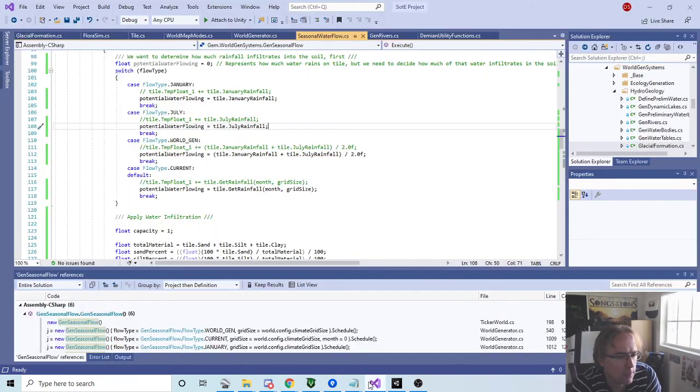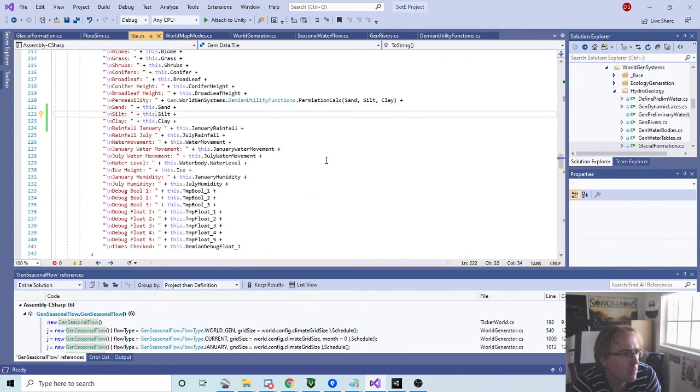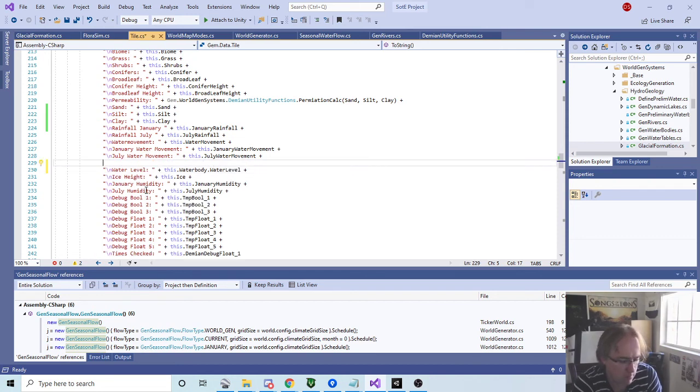What was I doing? I was going to tile CS, and I was going to add in soil moisture. That's right.